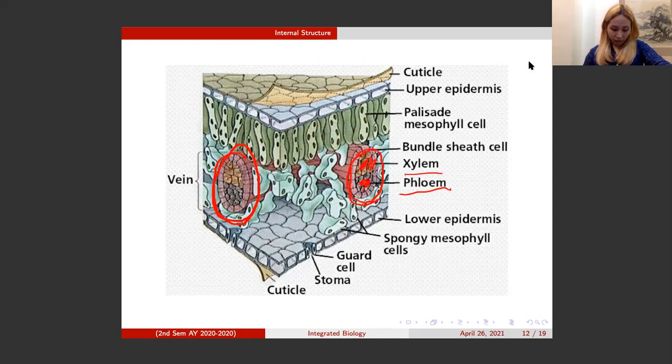Okay, so basically that's how it is. All right. So kung paano niyo nakikita yung vascular bundle system, so basically that's how it looks like din sa leaves, no? Wala nga lang inside. So xylem is on top and then phloem is below. Right? Kasi hindi cylindrical yung ating leaf.